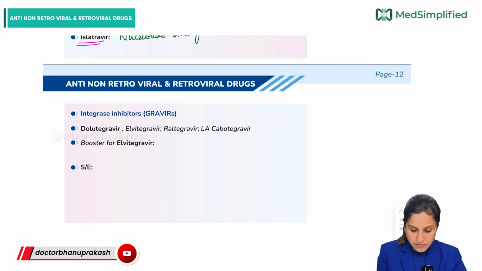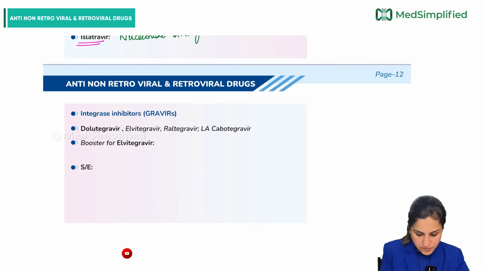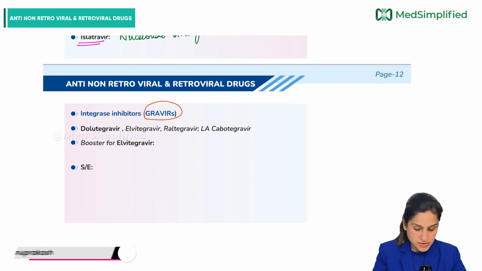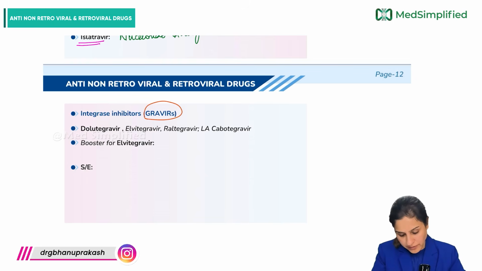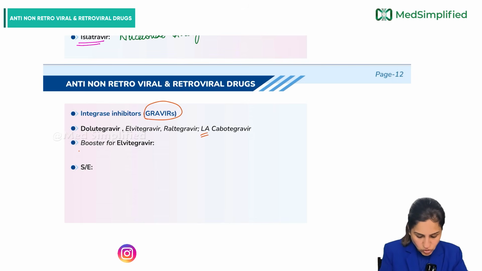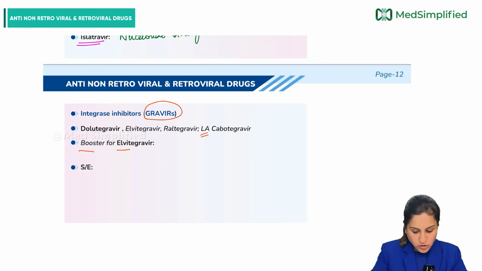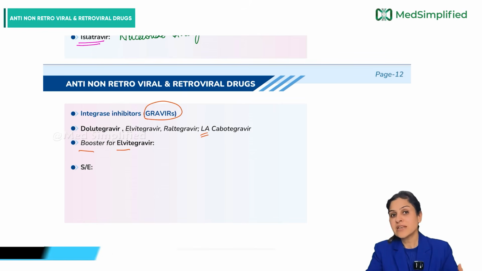Then we have integrase inhibitors. So integrase inhibitors, I told you they are called as gravirs. So we have dolutegravir, we have elvitegravir, we have raltegravir, and we have long-acting cabotegravir. So to boost the effect of elvitegravir, can we give some drug?